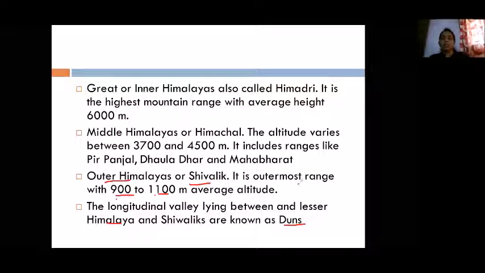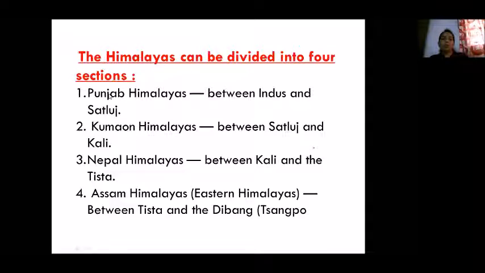Now we'll see the Himalaya divided in another way. How it is divided we will see in this next slide. The Himalaya is again divided in another way. That is the Punjab Himalaya, which lies between the Indus and Satluj rivers.